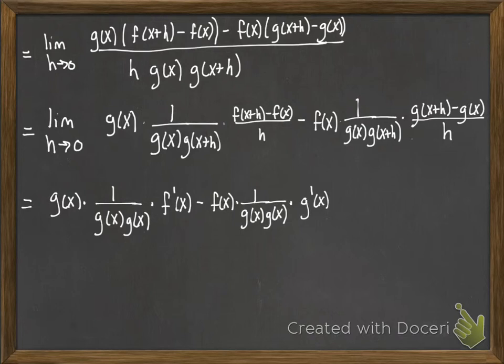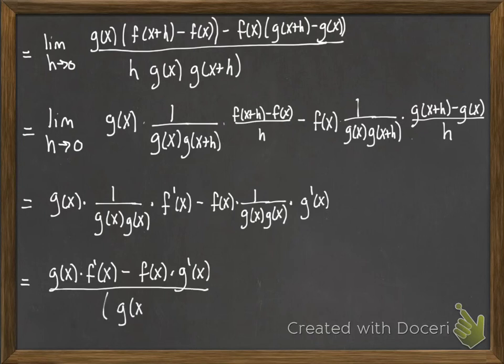Now we're almost there. We just need to clean up our problem a little bit. In the top we'd have g of x times f prime, and then minus f of x times g prime. And then those two fractions of g of x, I'm going to put down in the bottom as my common denominator.